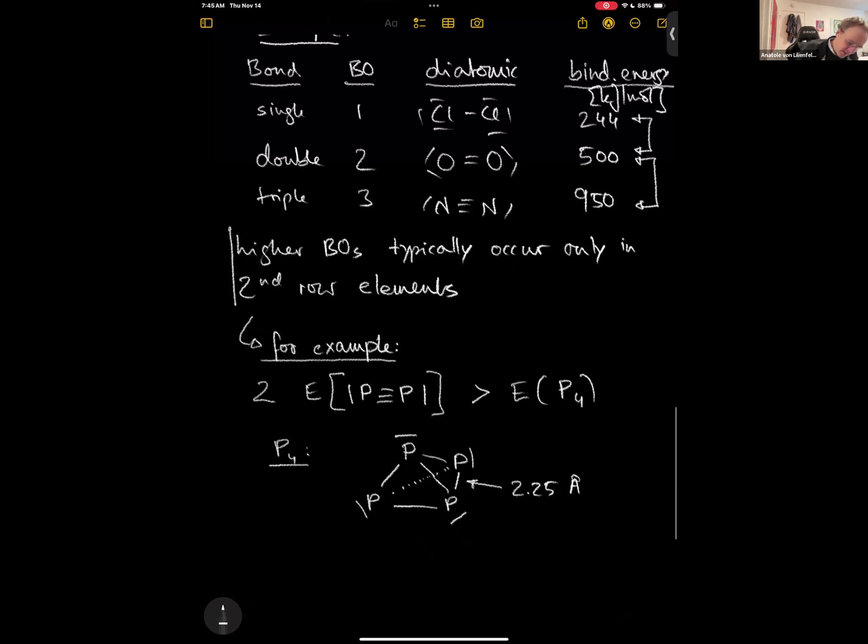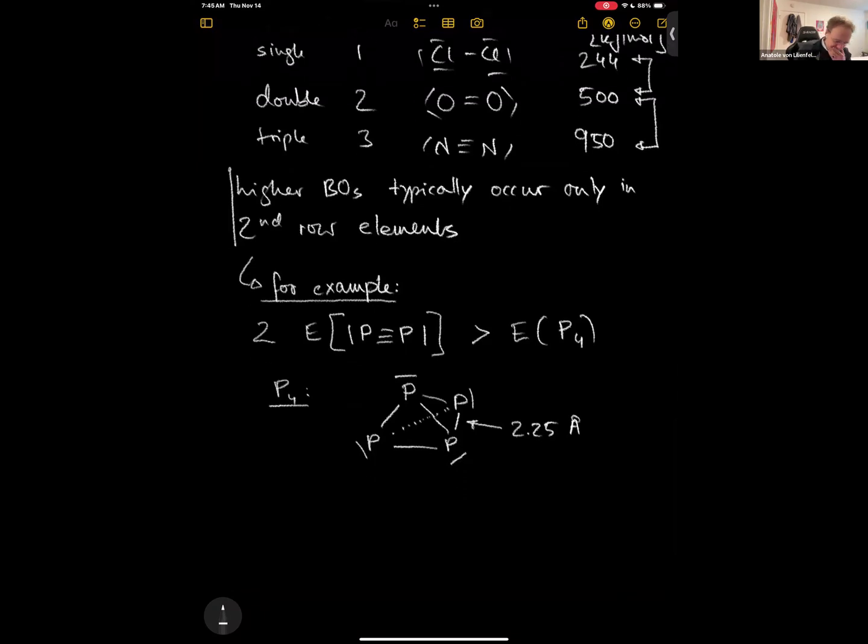So this is exactly the other way around for 2 times the energy of N2, which would be much lower than the corresponding geometry for N4.